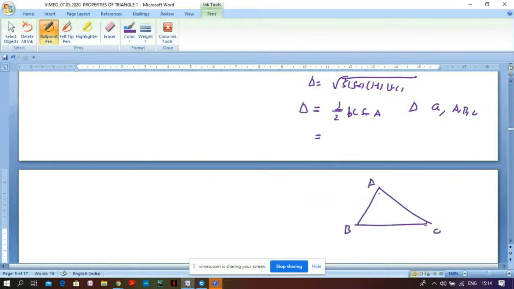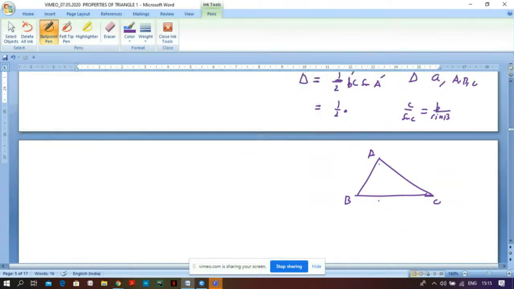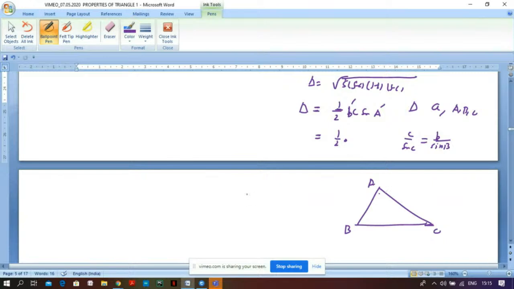So let's start like this, that this area is half BC sine A. Now you want to keep A and B. So C has no role. So C by sine C is B by sine B. And rather we want A also.